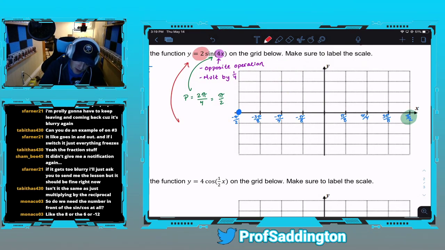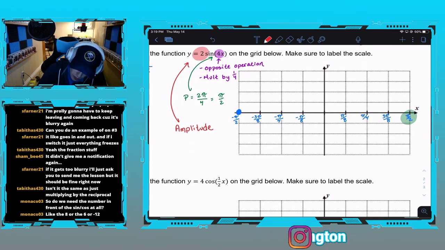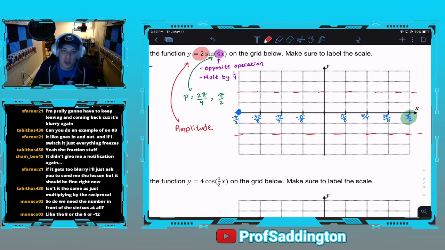Remember, the amplitude tells us how high and how low we go. So because it's 2, it's telling us that we're going to go as high as positive 2. We can't go higher than that. And we can't go any lower than negative 2. It has to be between those two lines.